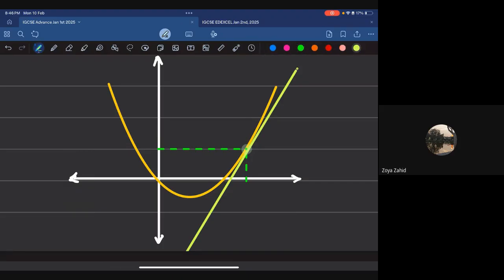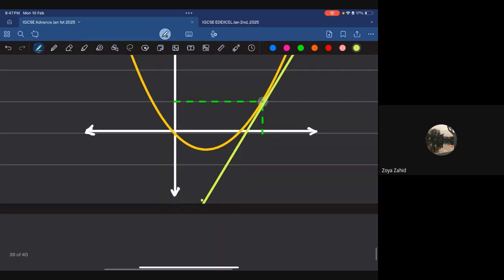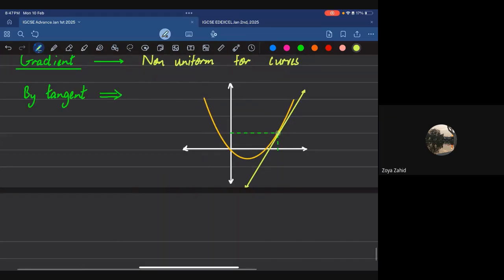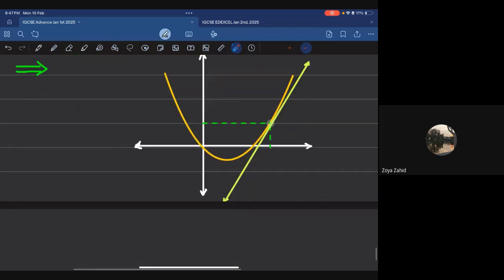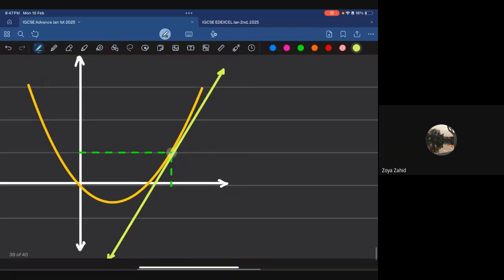Is this clear? The point at which we were asked to find our gradient is now known as a collinear point. Why? Because that point is also touching our tangent and, obviously, it is on the curve. So that point lies on the curve itself.